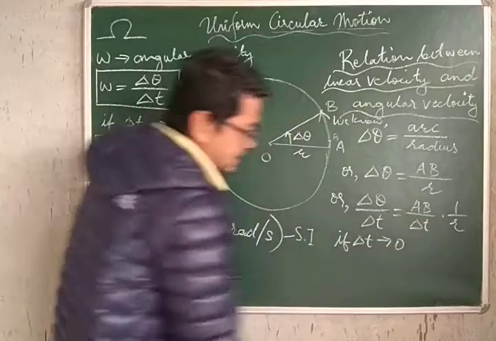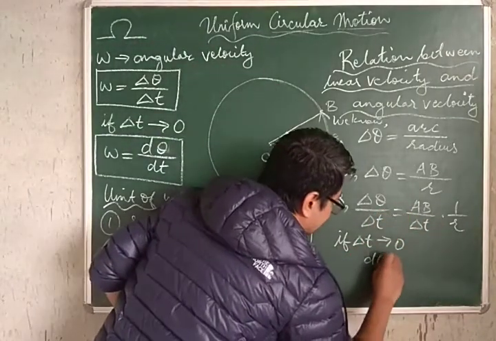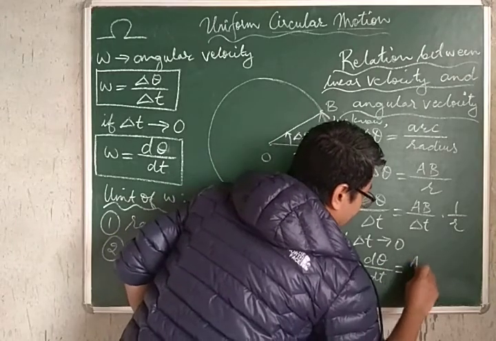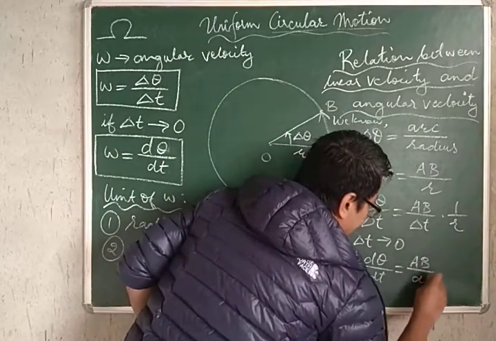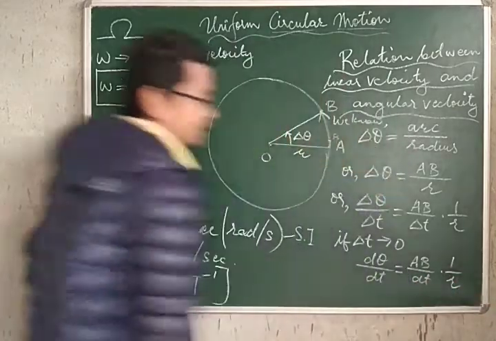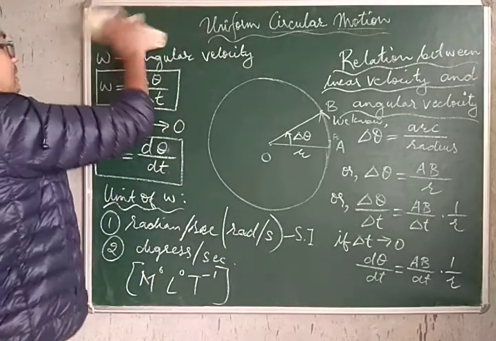So if delta t tends to 0, we can rewrite this equation as d theta divided by dt is equal to AB by dt, that small change in time, into 1 by r. Okay, so I'm erasing this part now.